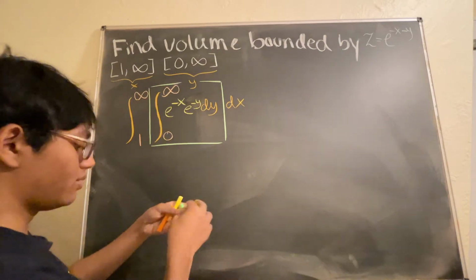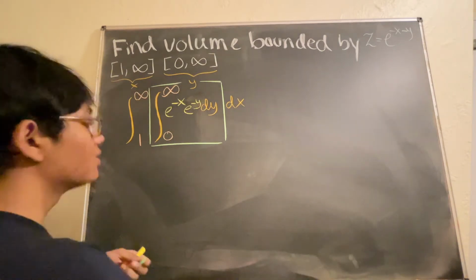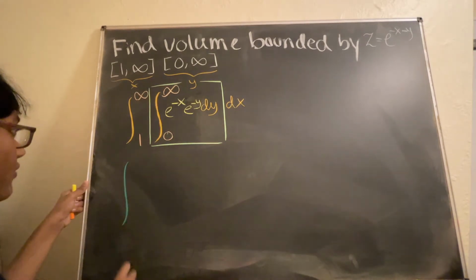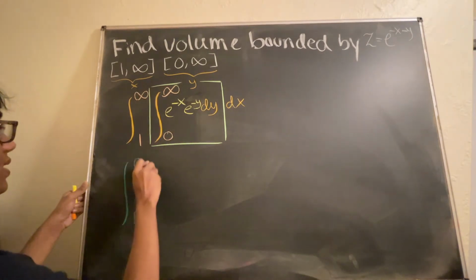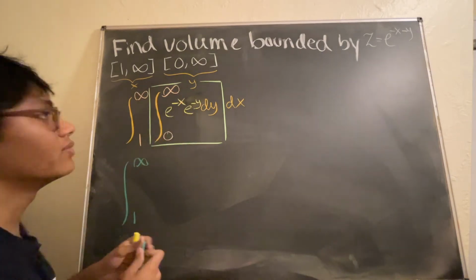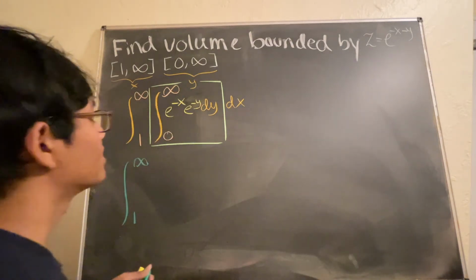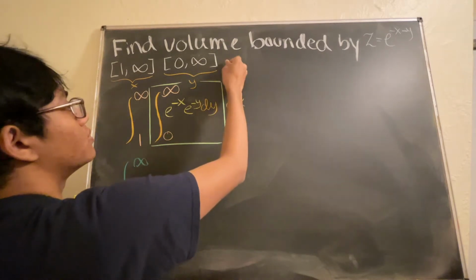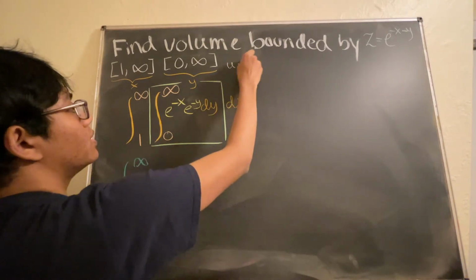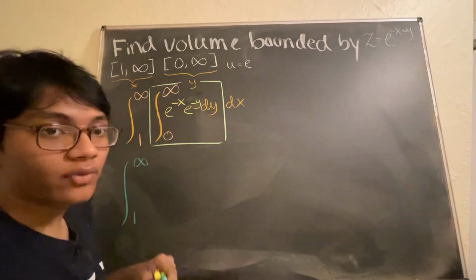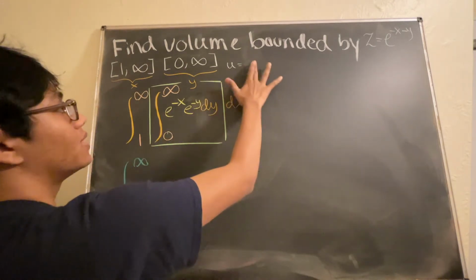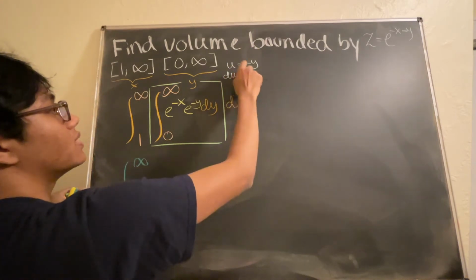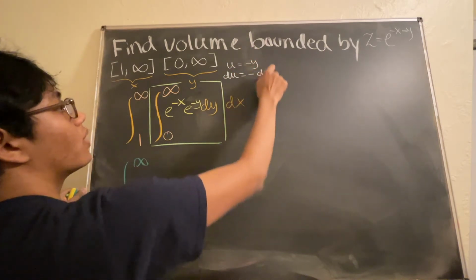Now I'm going to write another integral, the double integral from 1 to infinity. And now I'm going to use some u substitution here, right? I'm going to say that u is equal to negative y, so that du is equal to negative dy.